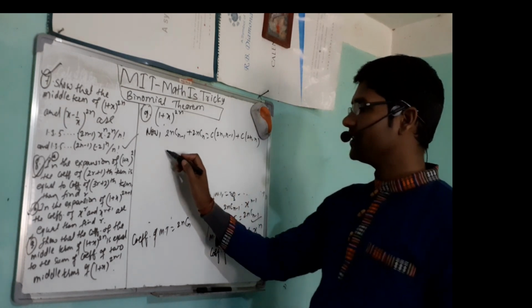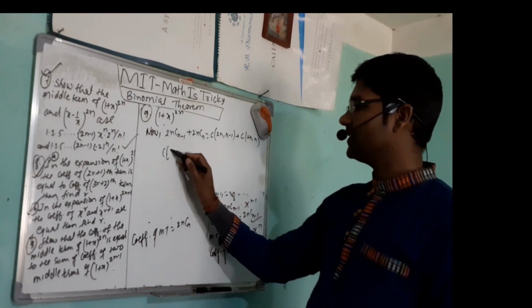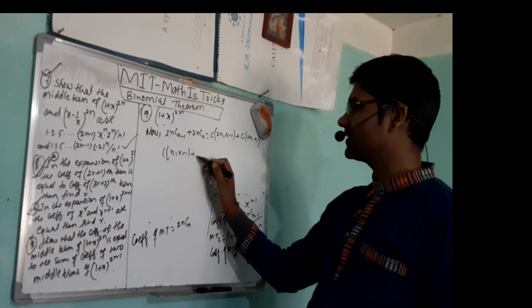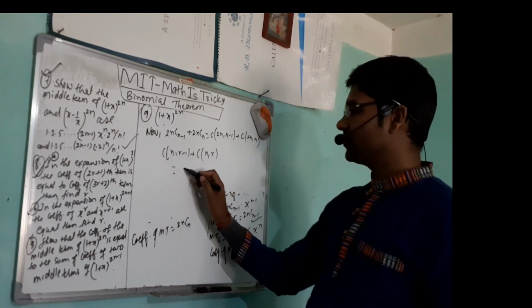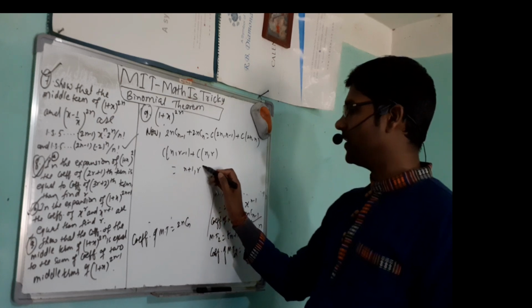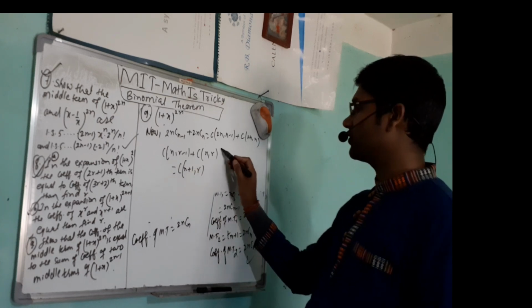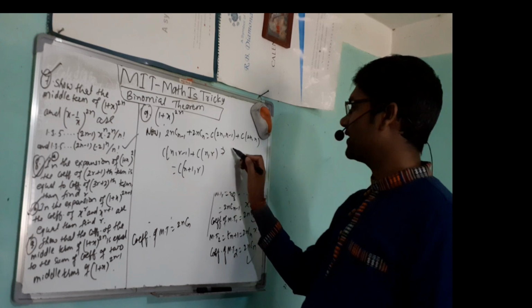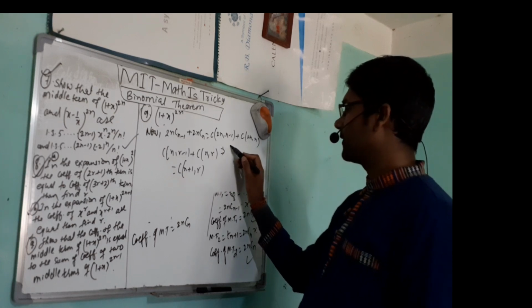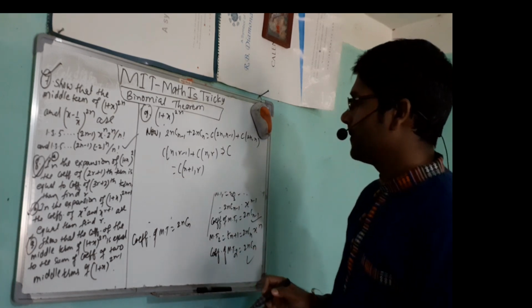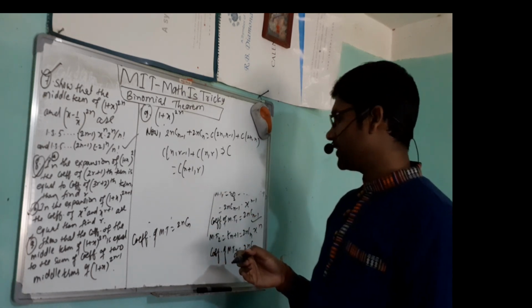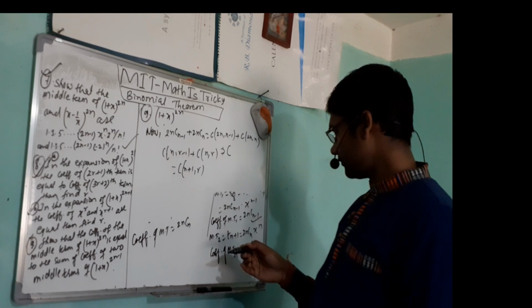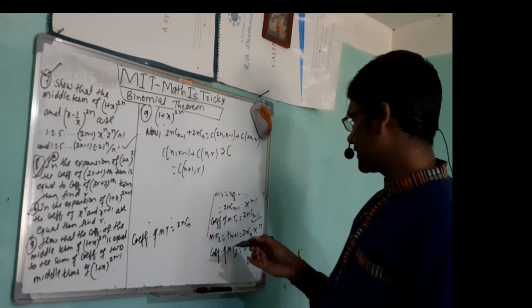Now I have given one result, nC(r-1) plus nCr equals (n+1)Cr. Hope you remember this result. From this result, n will be increased by 1, and so we will get the answer.